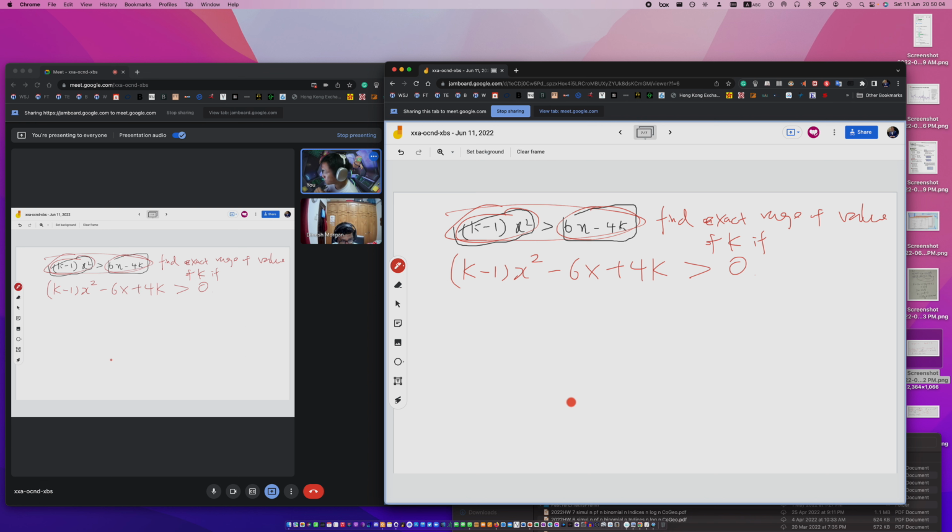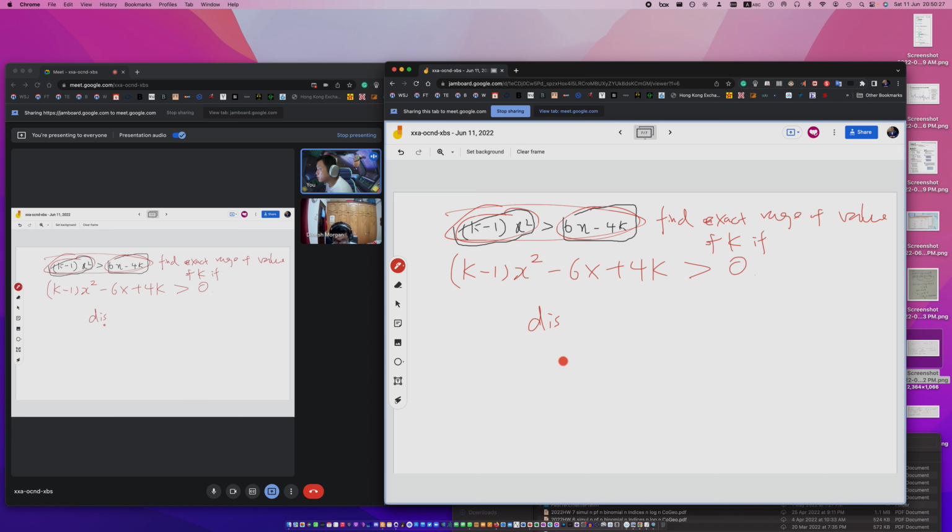Okay, good. So you need to find the range of values of k given this.